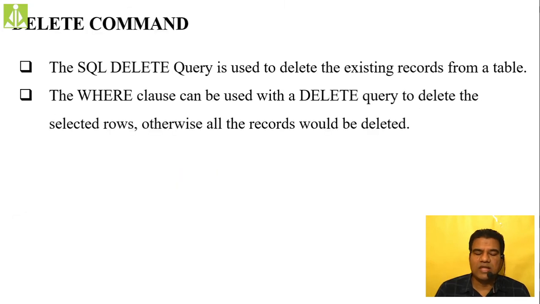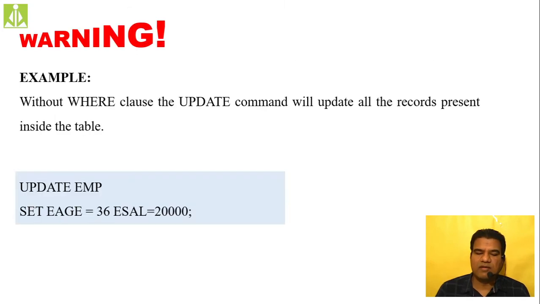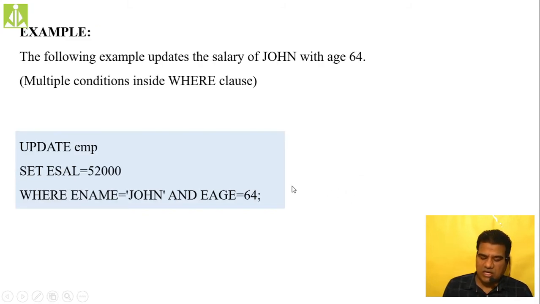Okay, so then the delete command. So see, when we are writing the update command over here with where clause, first what we are doing, we are specifying the table name. Okay, first we are specifying the table name. So this will get the table from the database.